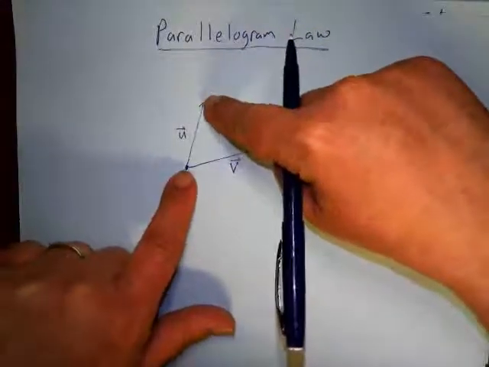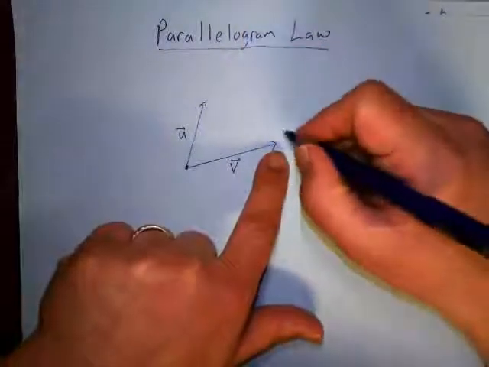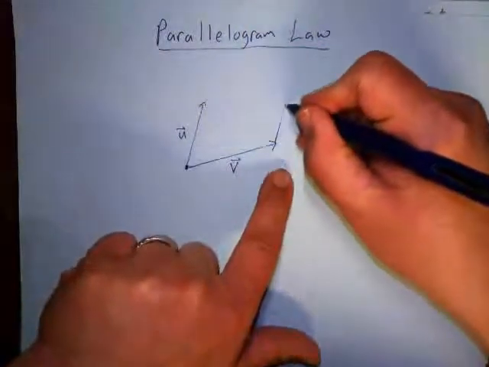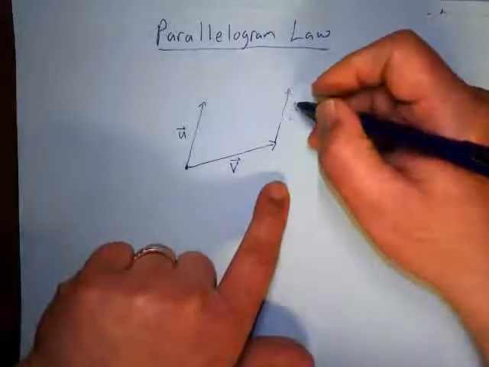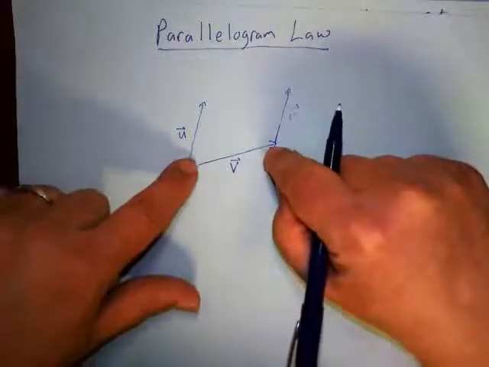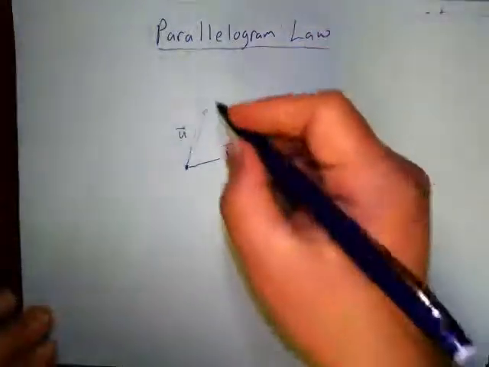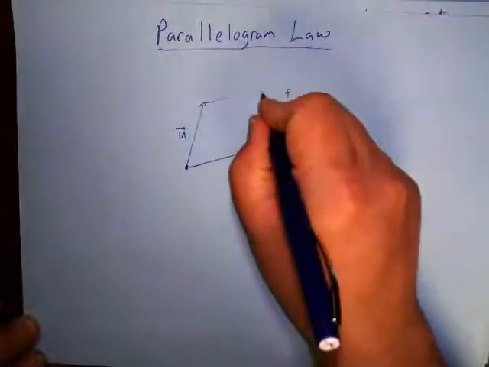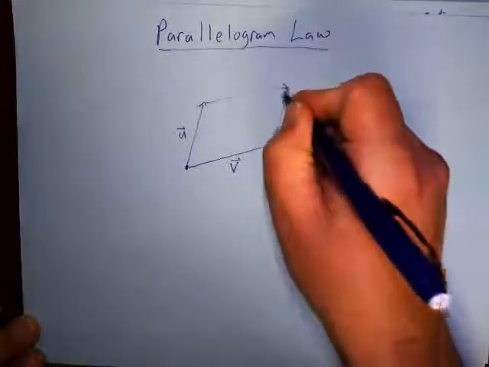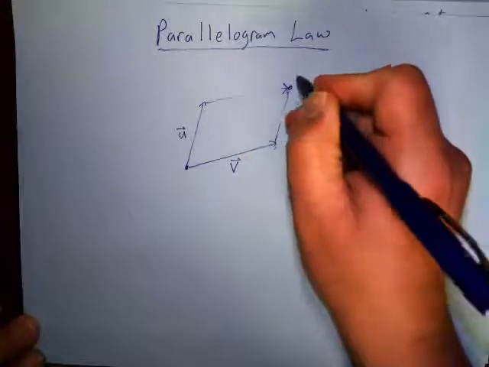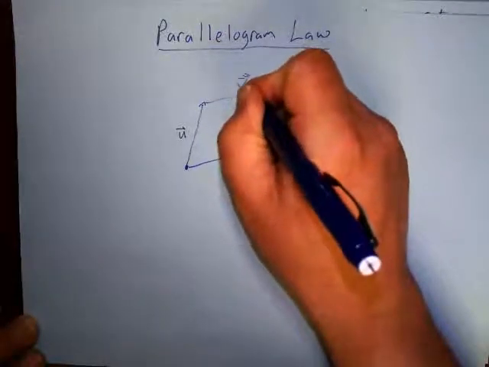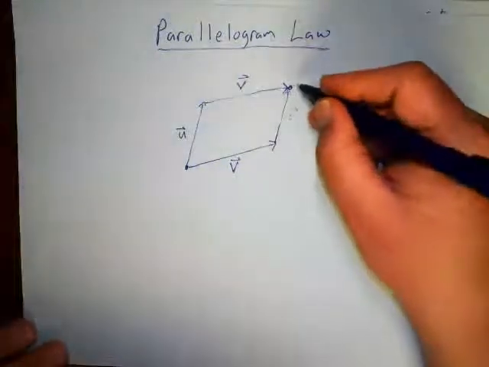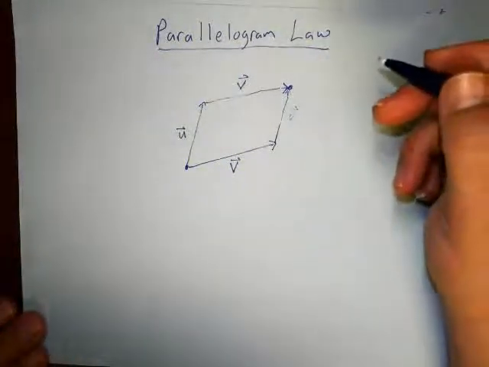All the parallelogram law says is that if we make a parallelogram out of these sides, so in other words, if I take u here and I put it on the end of this, then that's really u. And if I take v and put it on the end of this, this is v, and they end at the same point, and it's the opposite side of a parallelogram.